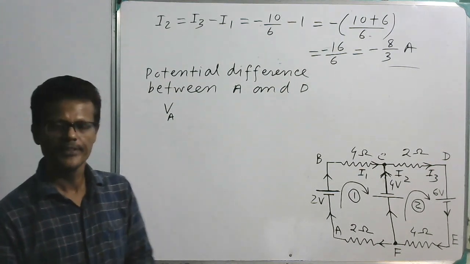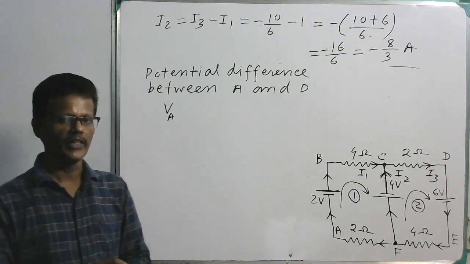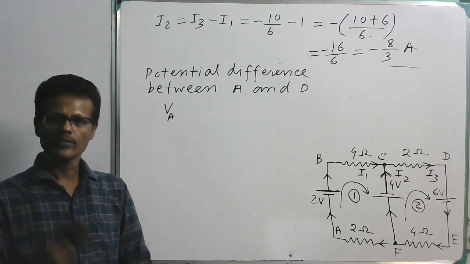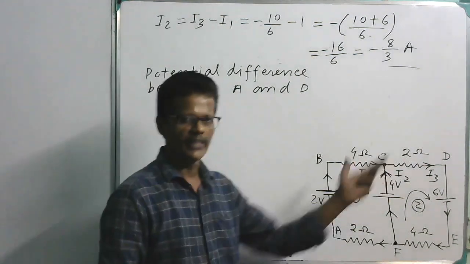So for a conservative field, the potential difference between any two points is independent of the path.